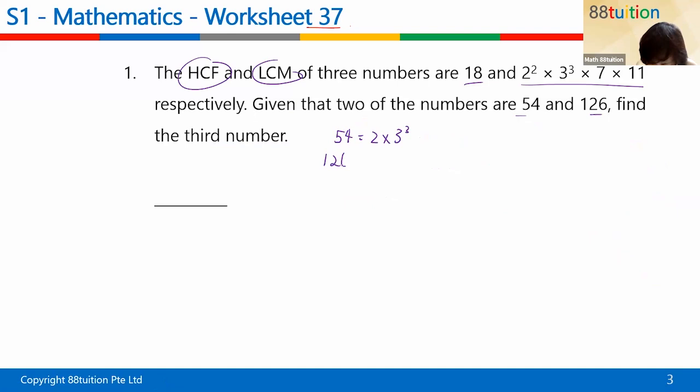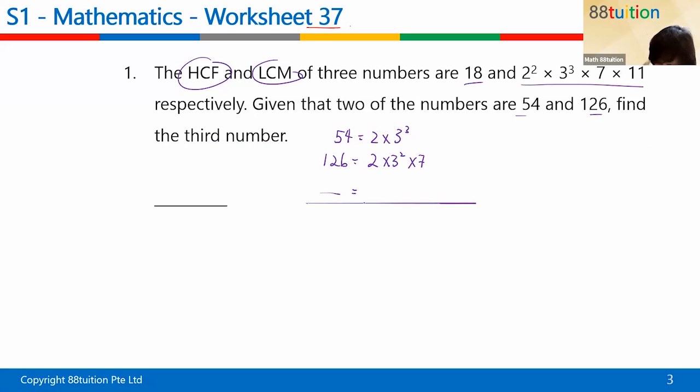I have 126, 2 to the power of 2. Okay. And then I have 7, right? 3 to the power of 2 and 7. And then the third one is unknown.